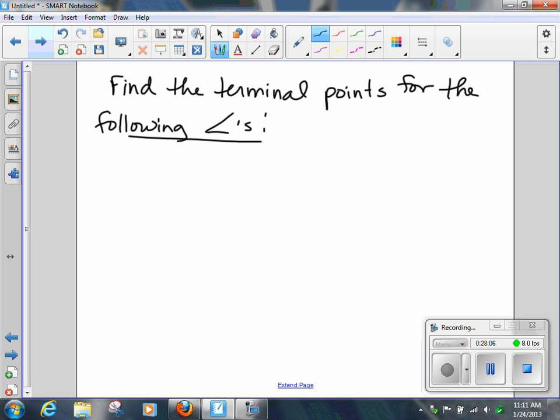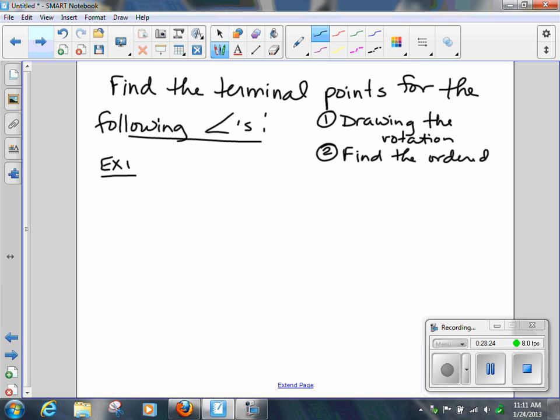Find the terminal points for the following angles. Folks, you're going to have to do this by drawing the rotation and then find the ordered pair. You'll see what I mean here in just a second. Okay?